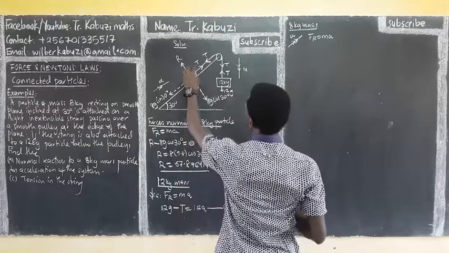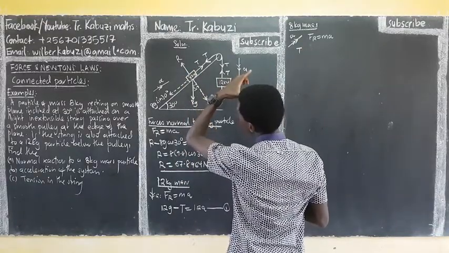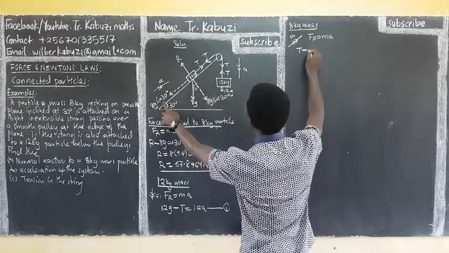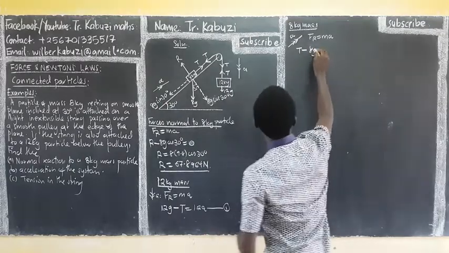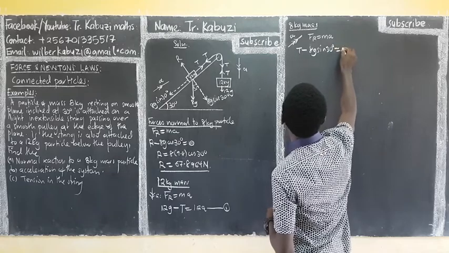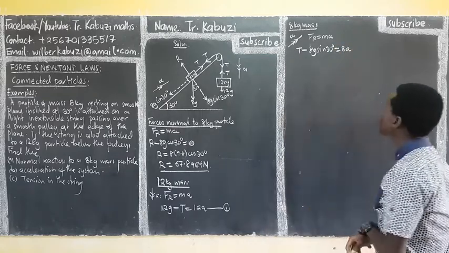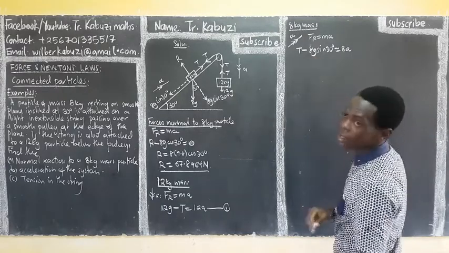So now the resultant along the plane: first of all, we have the T in that direction. Is there anything opposing? Yes, we have 8g sine 30 degrees going this side, equal to the mass of the particle, 8, times the acceleration. Of course, we know that sine 30 is the same as a half.